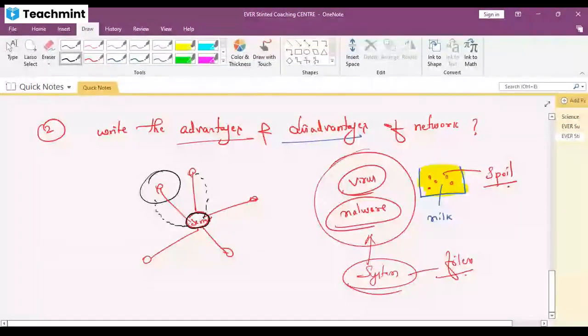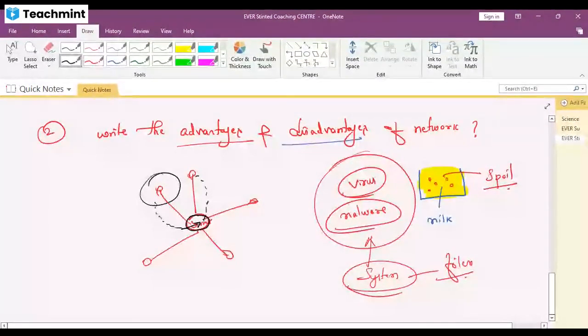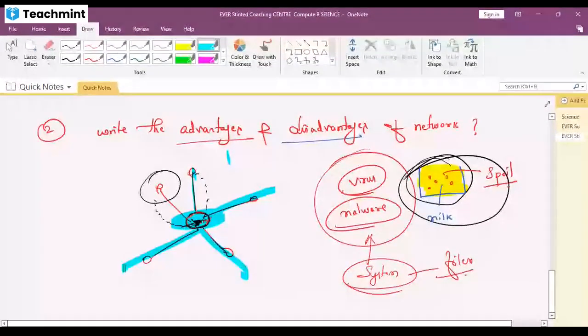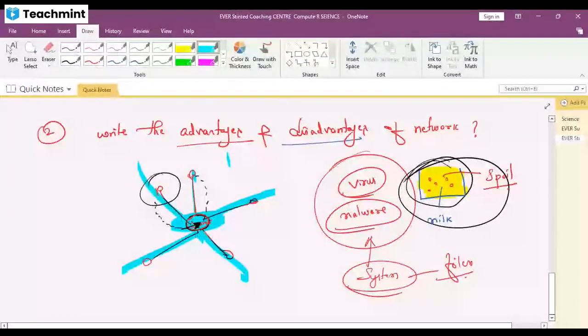So if this data combines with this, like the milk which I suggested, understood? The entire milk will get spoiled. Similarly, this entire server will get spoiled, and whichever systems are connected with this server, all will get spoiled.